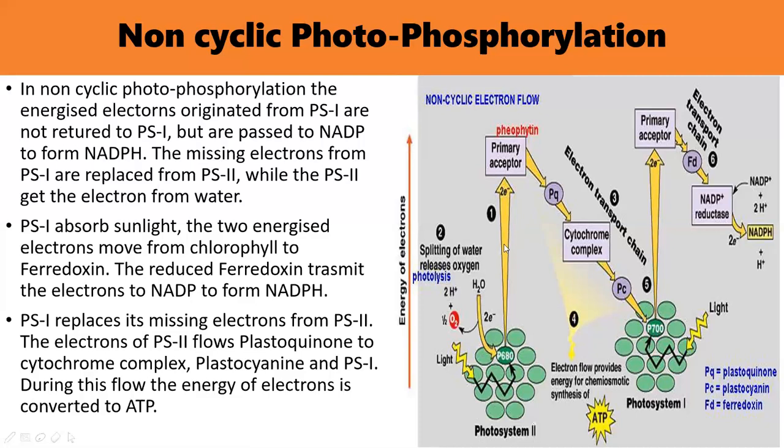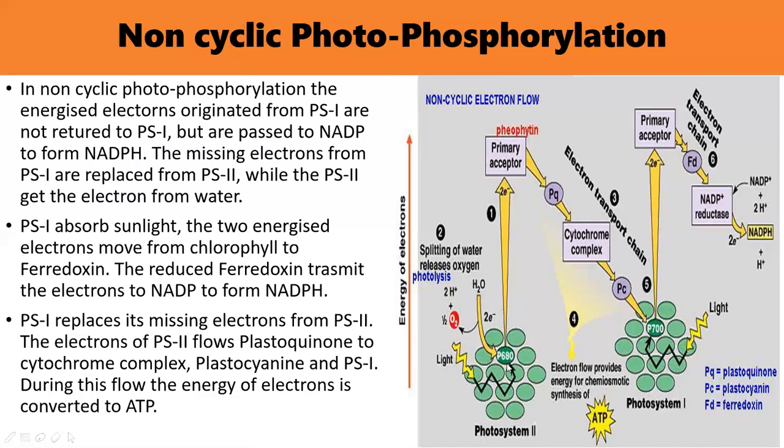While passing through the cytochrome complex, these electrons lose their energy to produce ATP. In this non-cyclic photophosphorylation, we can see that two kinds of energy are produced: ATP and NADPH.